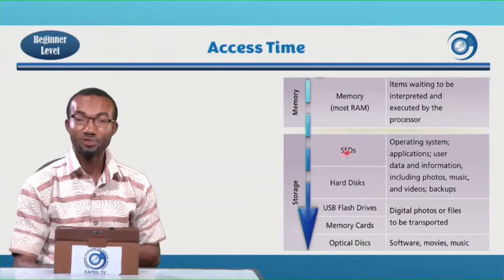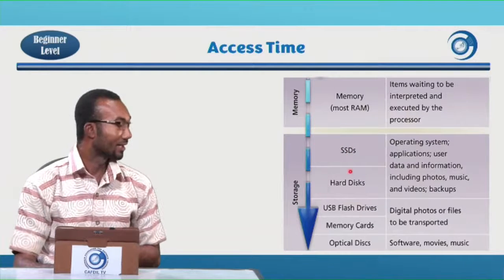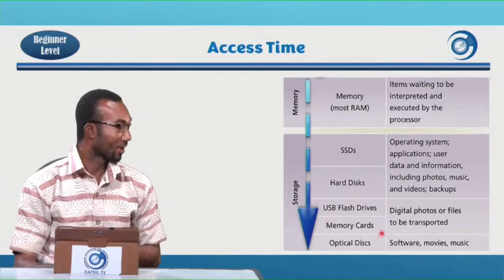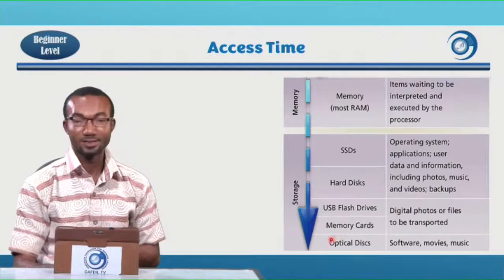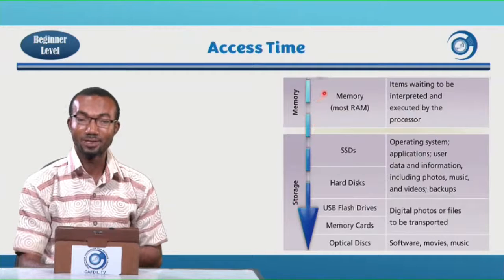Because they have no moving parts. Then the next is the hard disk, that's the third. The fourth one is the USB flash drive, that's the pen drive. Then the fifth one are memory cards. And then we have the optical disc, CD, DVD, Blu-ray. So when it comes to access time, these are the rankings.